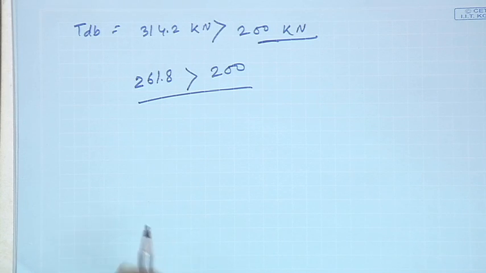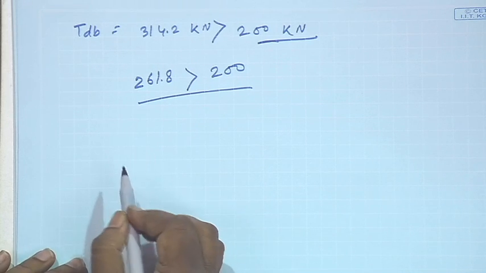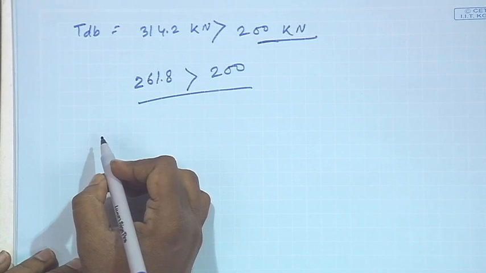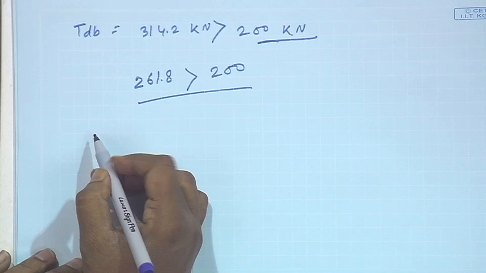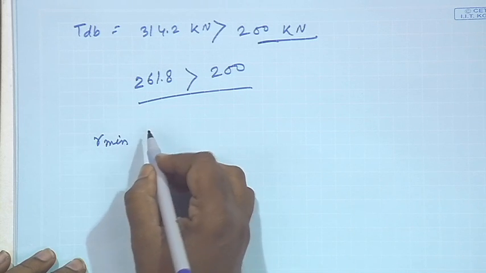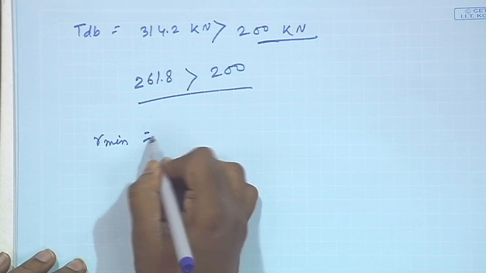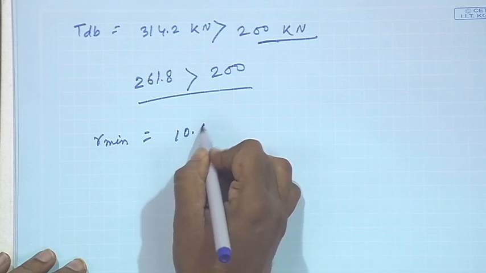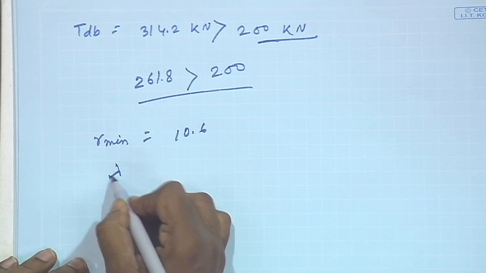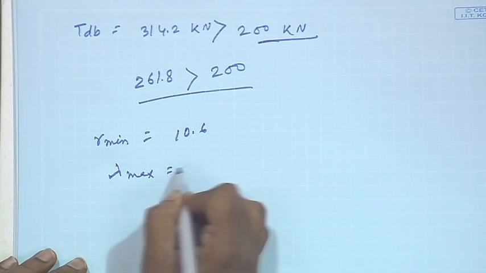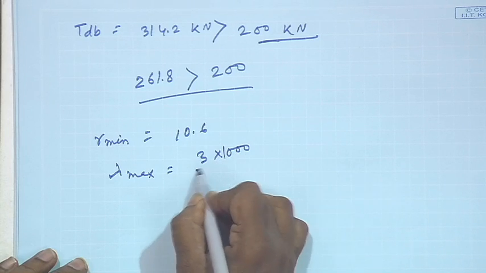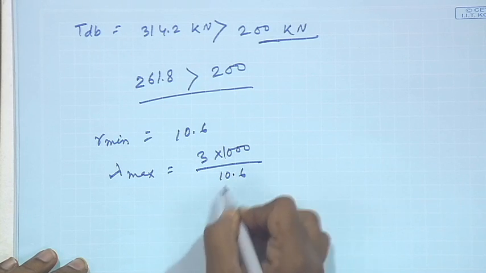Now, I have to go for slenderness ratio check. So, for ISA 75 by 50 by 10, the slenderness ratio we have to find out. Before that, we have to find out R minimum is 10.6 from SP 6 I can find out. So, maximum slenderness ratio I can find out L effective is 3 meter by 10.6 minimum slenderness ratio.